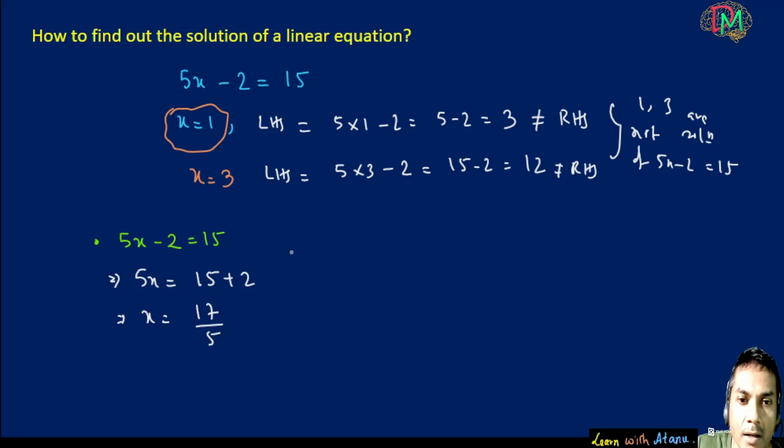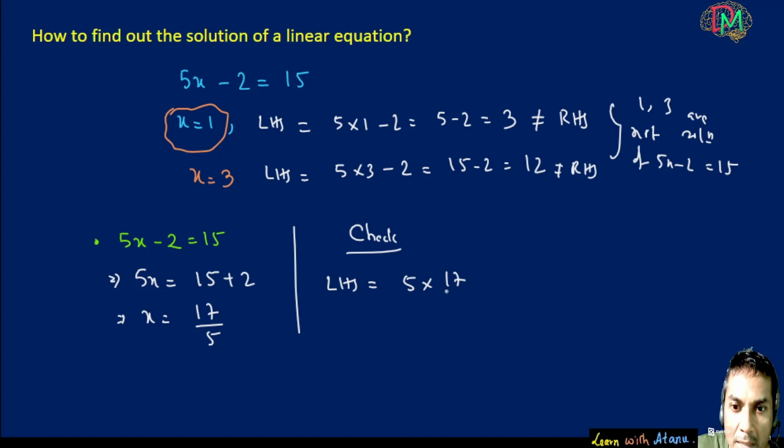Okay, now you check whether this 17 by 5 is a solution or not. So if we put the value in the LHS, it will be 5 into 17 by 5 minus 2. So 5 cancels out, becomes 17 minus 2, is 15, is equal to RHS.